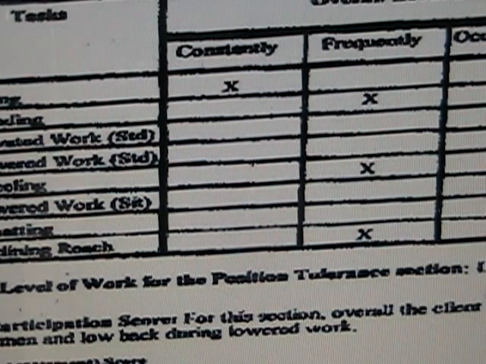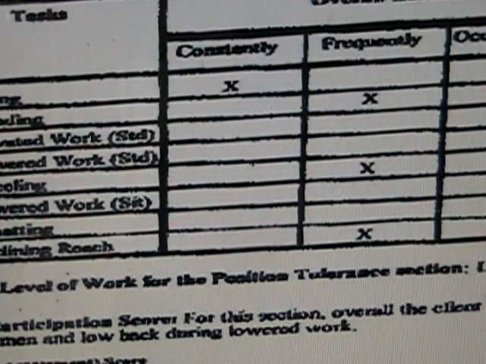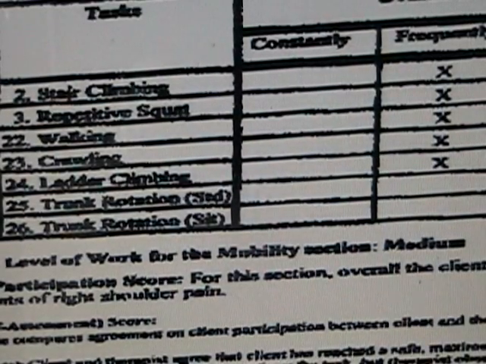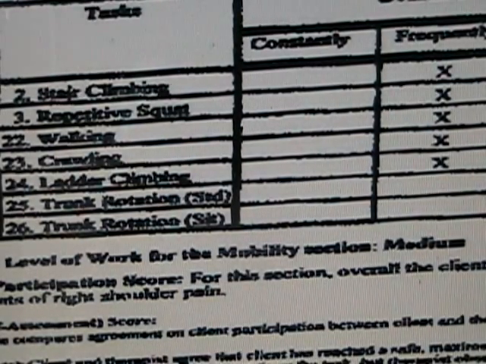So I can sit constantly. I can stand frequently. Occasionally I can stand at elevated work and lowered work. I can never lowered work. So there's that evaluation. I can climb stairs, repetitive squat, walking, crawling, ladder climbing, trunk rotation, occasionally.